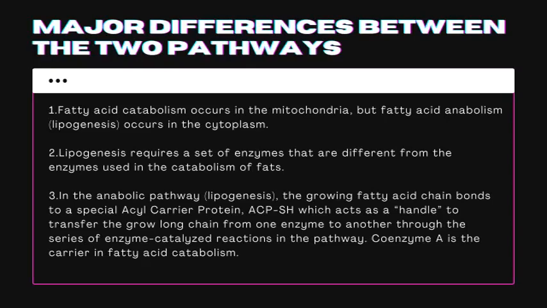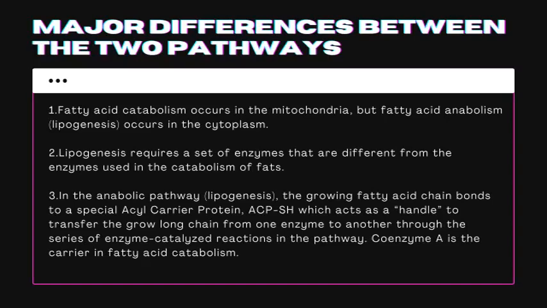The enzymes involved in the lipogenesis are acetyl-CoA, fatty acid synthase, and ATP citrate lyase, while the catabolism involves the enzymes acyl-CoA dehydrogenase, enoyl-CoA hydratase, hydroxyacyl-CoA dehydrogenase, and ketoacyl-CoA thiolase.